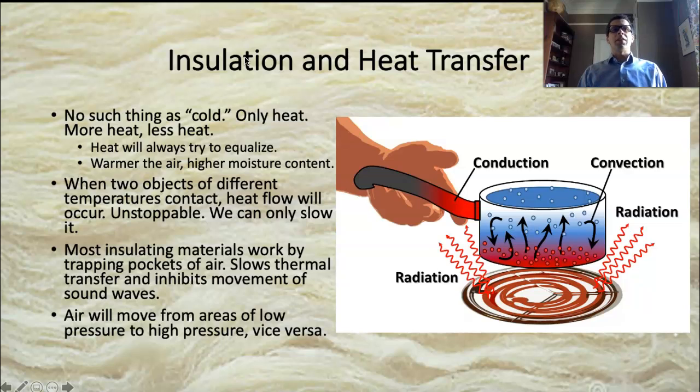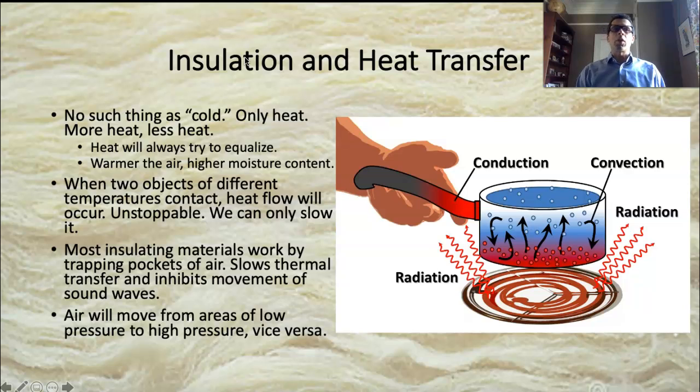Most of these insulating materials, the way they work is by trapping little pockets of air, and those little pockets of air slow thermal conduction, slow thermal transfer. A lot of these insulating materials also have the side benefit of inhibiting or slowing the movement of sound waves.